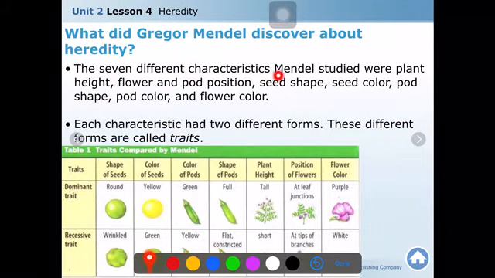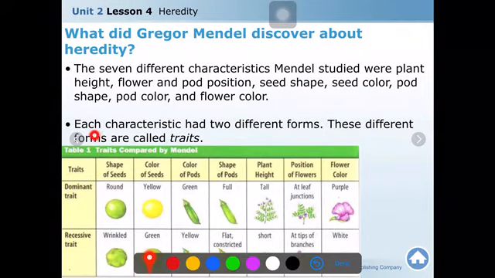The 7 different characteristics Mendel studied were plant height, flower and pod position, seed shape, seed color, pod shape, pod color, and flower color. All of them were studied by Mendel, how those characteristics are transmitted from parents to the offspring, or whether they can be seen in the next generation, like from father to son, or grandfather to offspring.